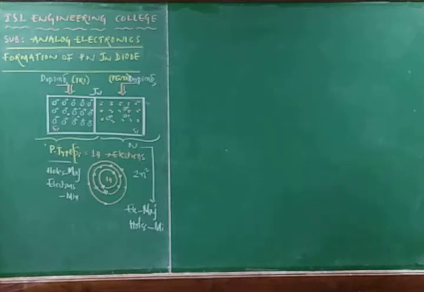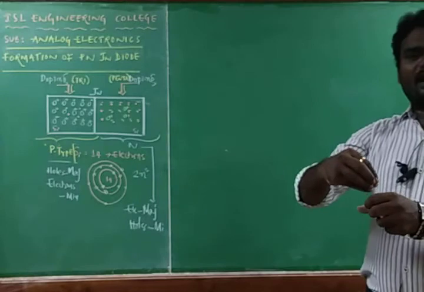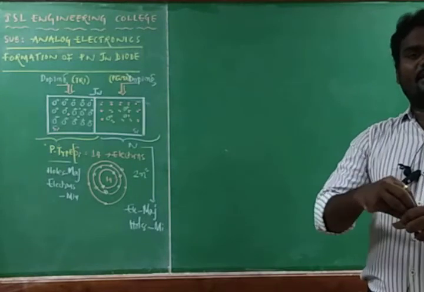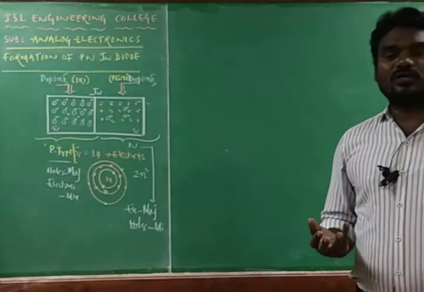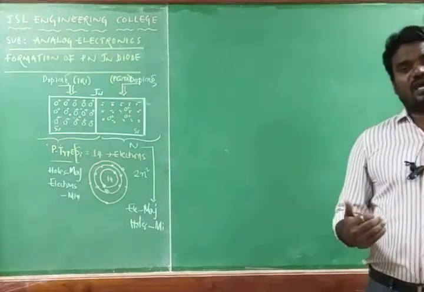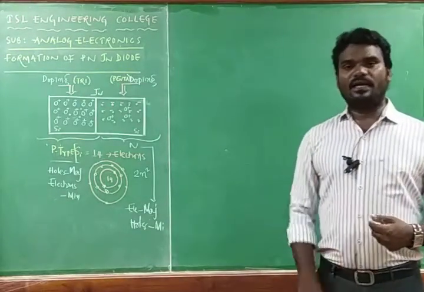So I am concluding the formation of the P-N materials. P can be formed by taking silicon material and adding trivalent impurities, which gives more holes than electrons, so it has more positive charge due to the holes, and that type of semiconductor is named the P-type semiconductor.